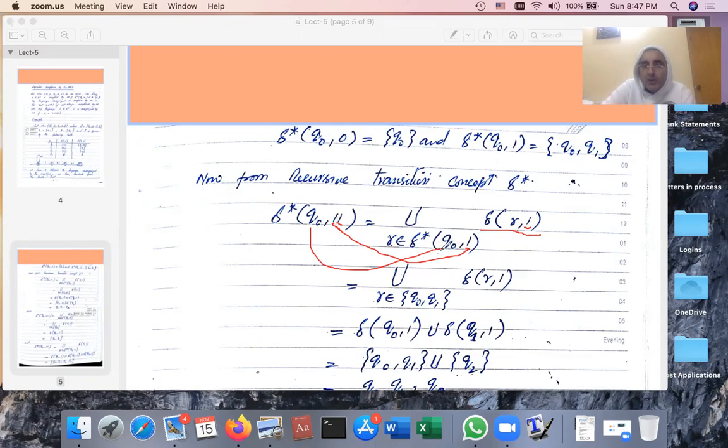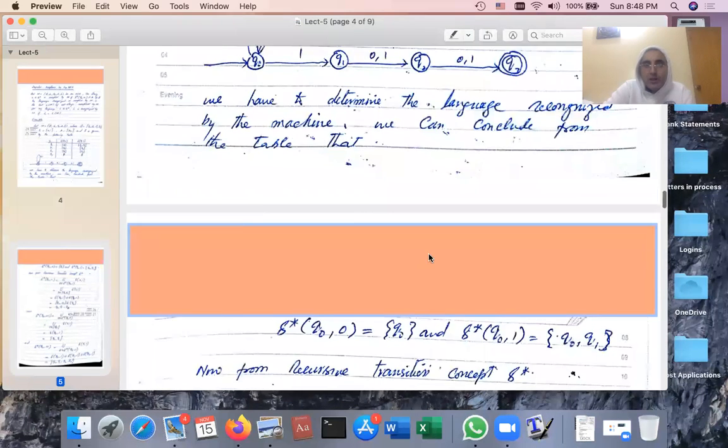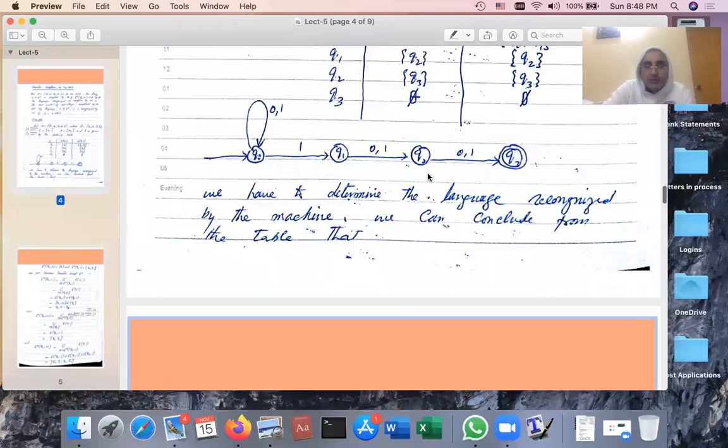So from the initial state, after processing and taking the union, I will reach state R, and then at R I can apply this last symbol and reach the final state. So now, delta R comma 1 is the same thing, and in this union I have to write the states according to this diagram or this table.